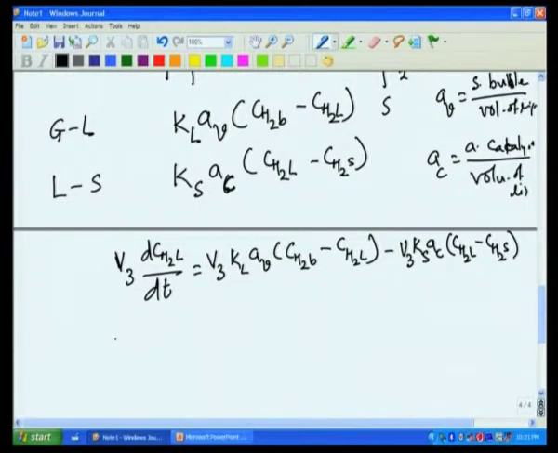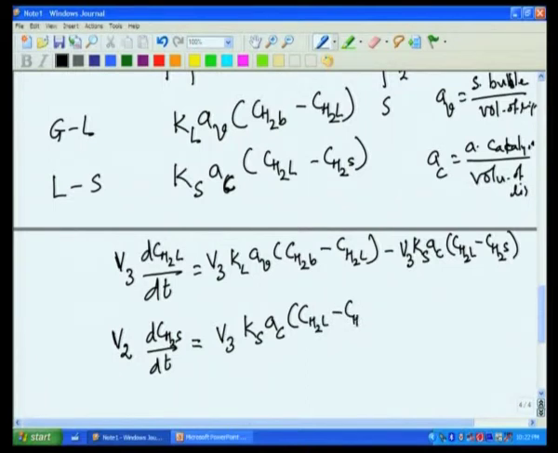Okay. Now, let us write down the similar balance for the concentration on the surface, and this must be again the rate at which hydrogen from the bulk liquid is coming to the surface, plus the rate at which hydrogen is getting generated at the surface.